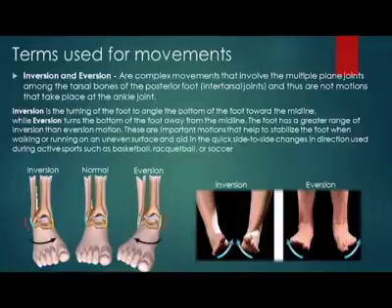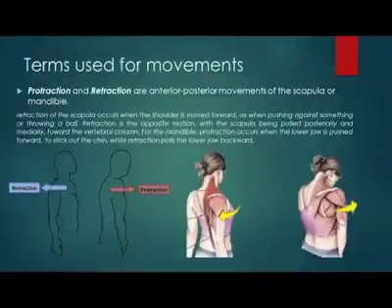Then protraction and retraction. They are anterior-posterior movements of the scapula or mandible. Protraction of the scapula occurs when the shoulder is moved forward, as when pushing against something or throwing a ball.